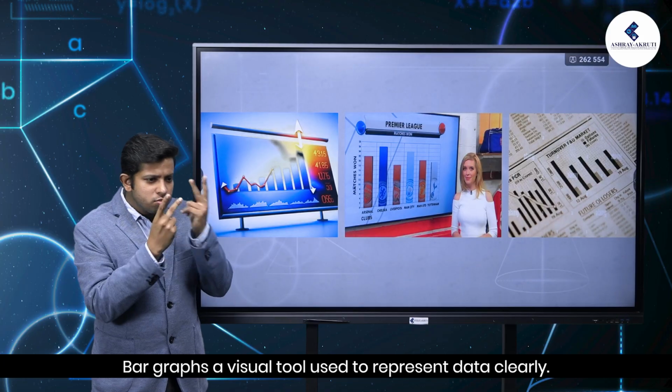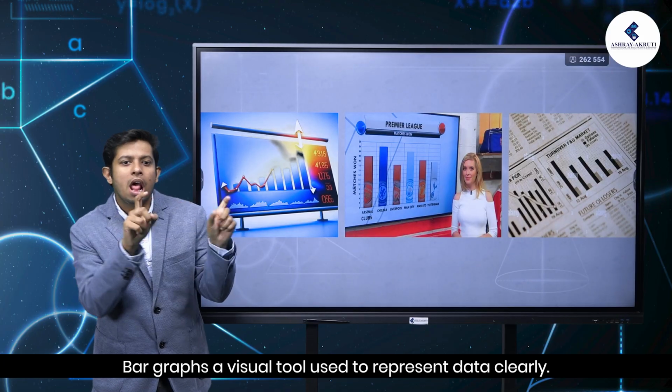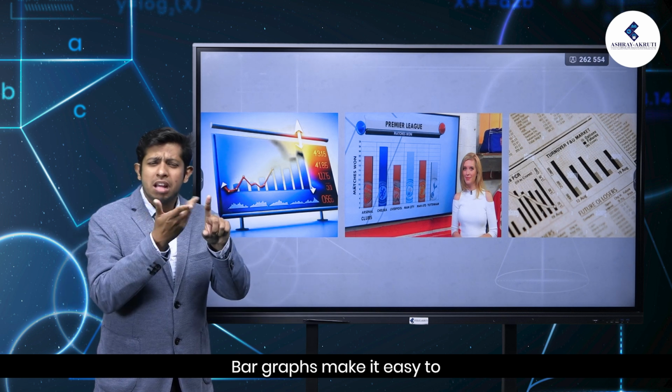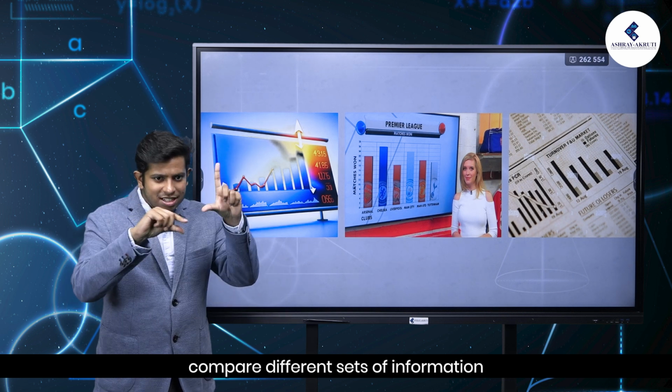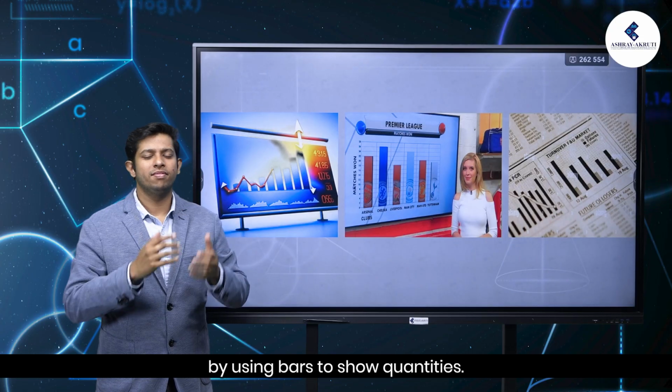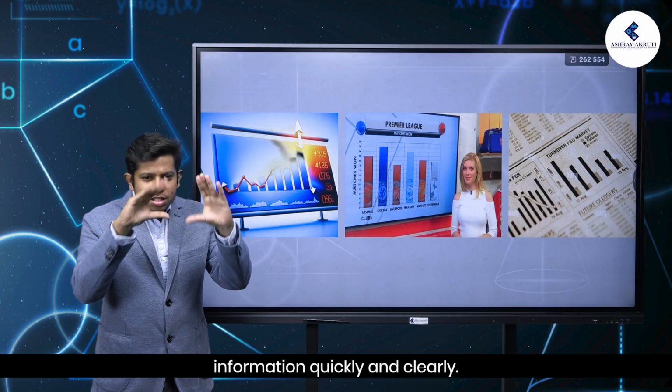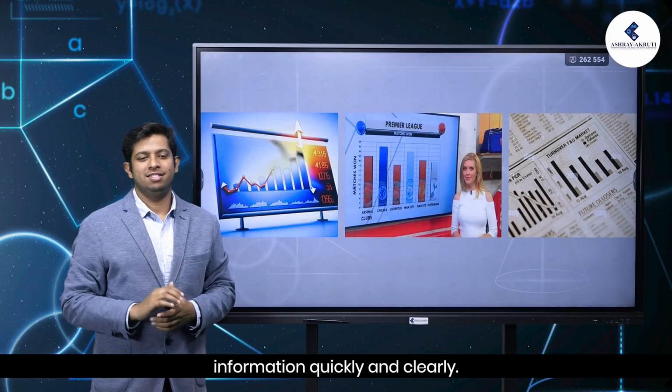Bar graphs are a visual tool used to represent data clearly. Bar graphs make it easy to compare different sets of information by using bars to show quantities. They help us understand and compare information quickly and clearly.